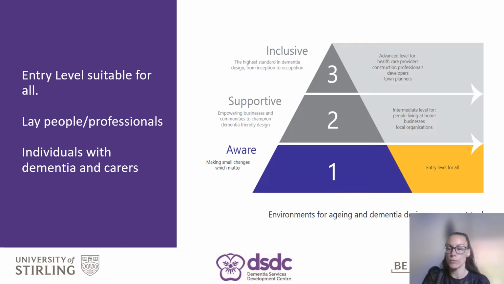So lay people, individuals with dementia, health professionals, small business owners, essentially people who would like their environment to be more accessible or age and dementia aware, but perhaps don't have the resources or capacity to do extensive and expensive works. So Tier 1 tends to illustrate small, often inexpensive changes around the home or the environment that can make a difference to the person with dementia and their carer.